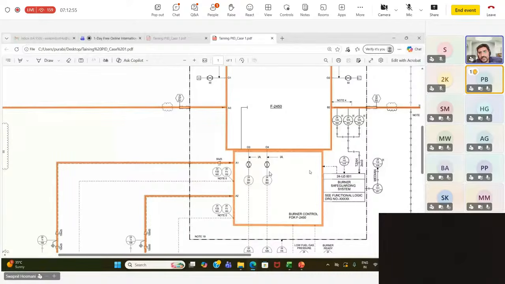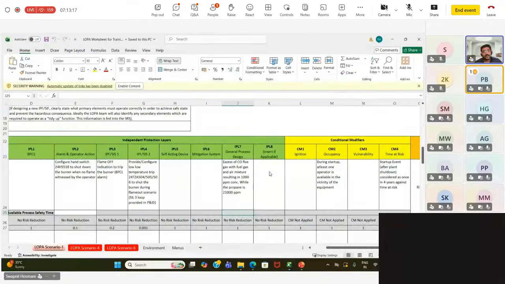You already have an infrastructure for 3 transmitters. You utilize the same to just have alarms. So these alarms are not additional cost. So just put alarms here, and based on these alarms, you configure. The system is already configured, but you take this input from the low temperature alarms to configure to trip this burner. That is my recommendation from the HAZOP, and I will be leveraging the same thing here for my LOPA.